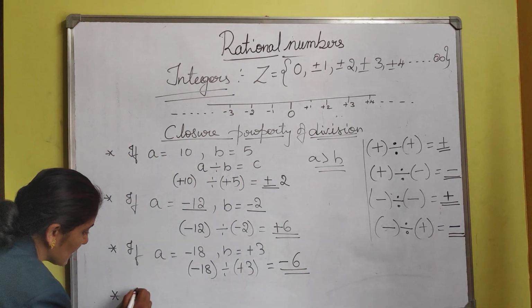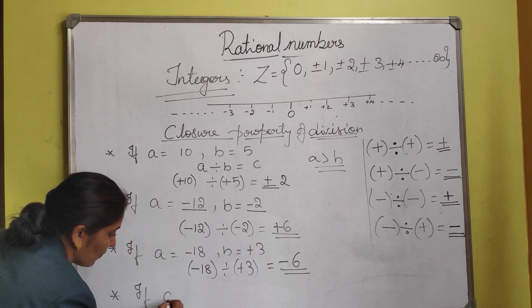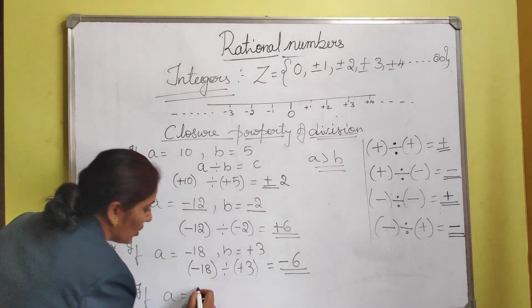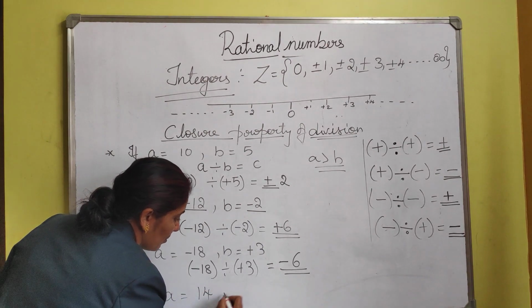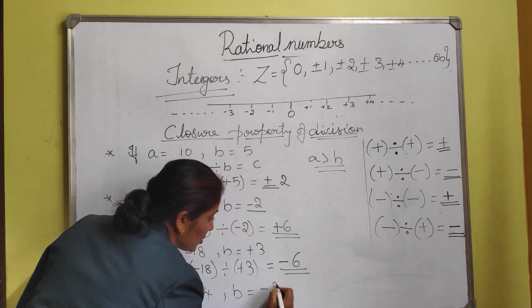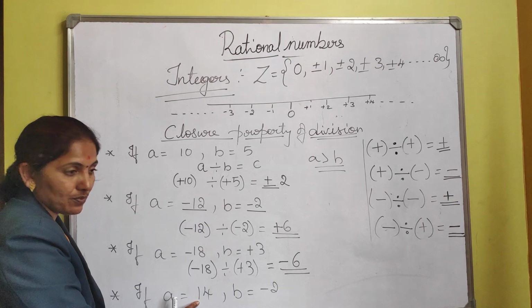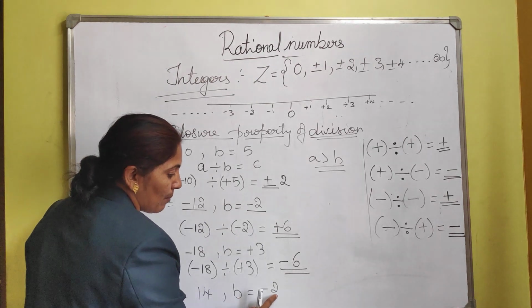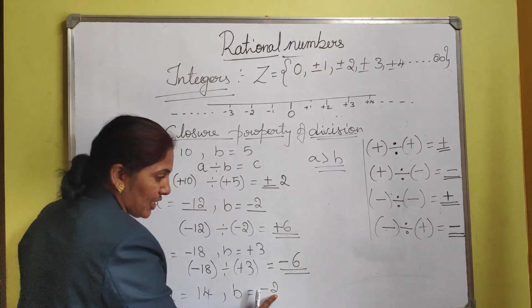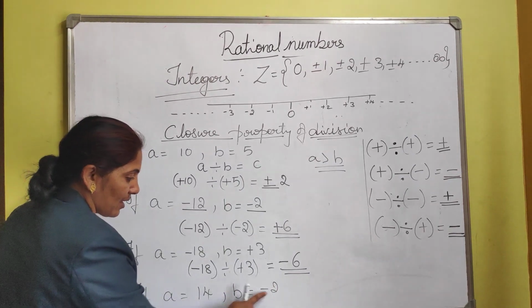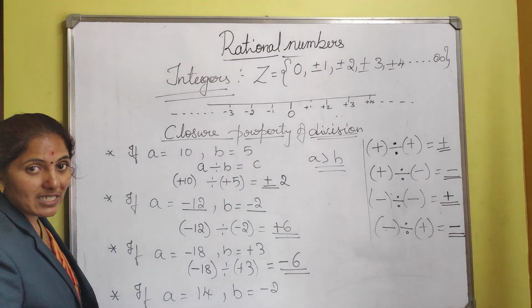Observe this next example. Say A is equal to 14 and B is equal to minus 2. When I say 14, it is positive. When I say minus 2, it is negative. So A and B are unlike integers again.